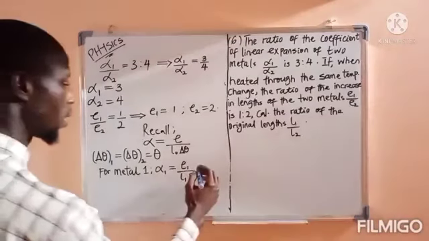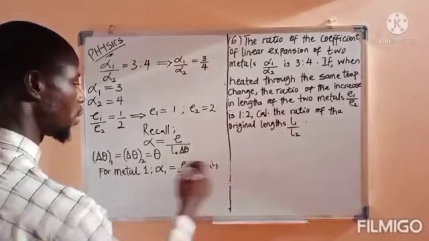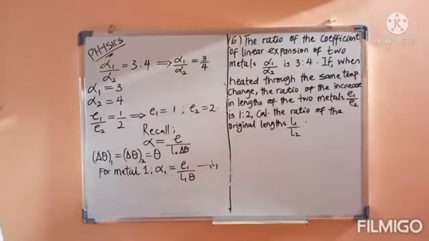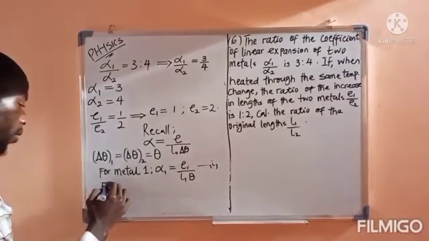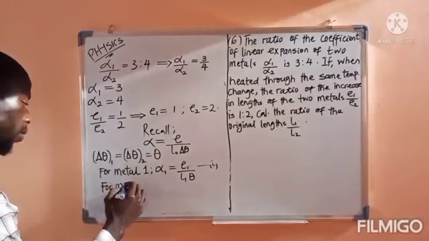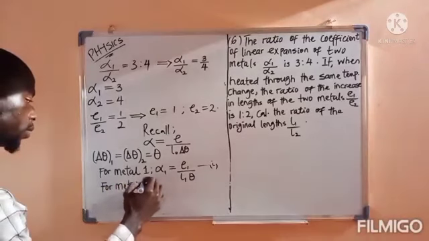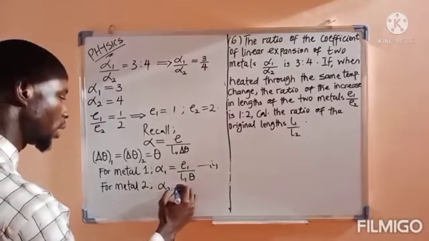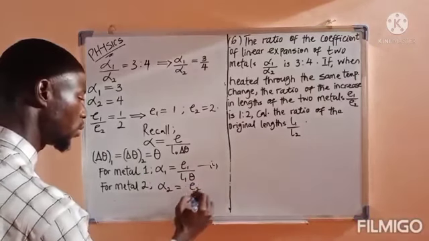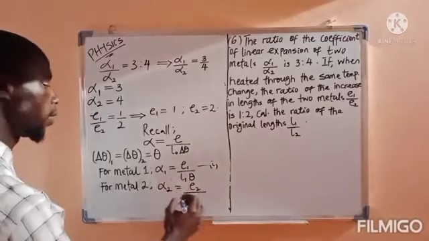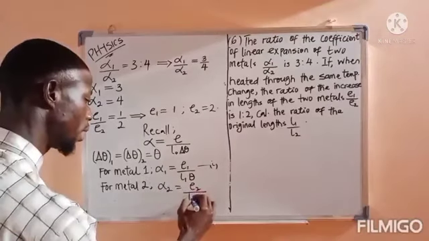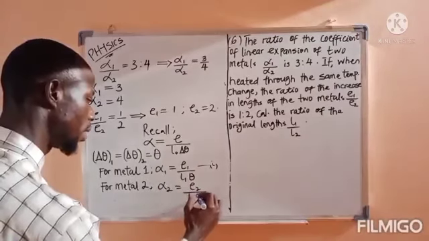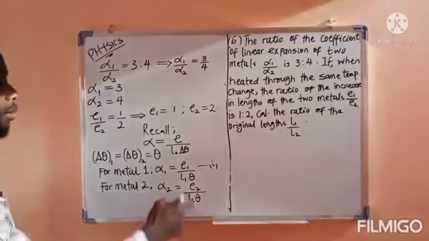Which I can call my equation 1. Then I'll write for metal 2. Here will be alpha 2 is equal to E2 all over the original length for metal 2, L2. Then the change in temperature is the same, theta.